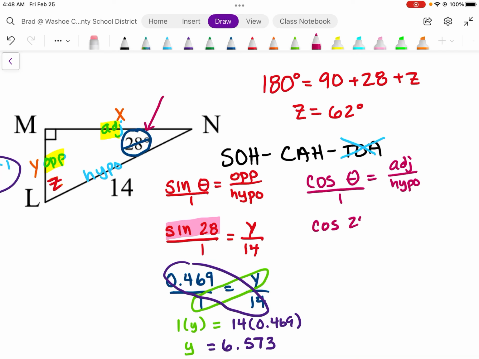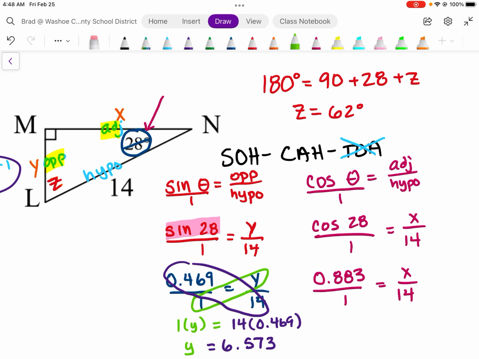So cosine of 28 over 1 is going to be the adjacent, which is x, over 14. I do the cosine of 28 and find out what that decimal is. It is 0.883 over 1 is equal to x over 14.